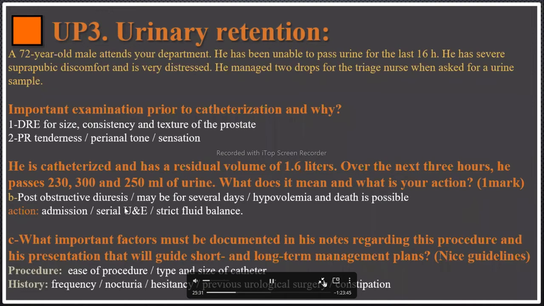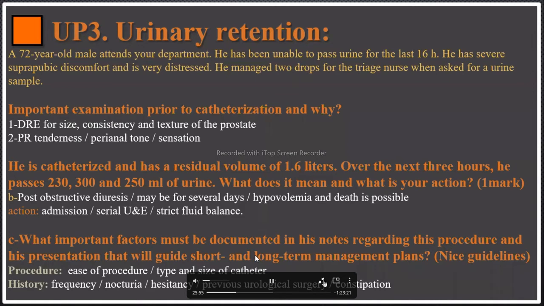After catheterization, they can ask you about documentation. Documentation here will be procedure and history. What important factors must be documented in his notes regarding this procedure and his presentation that will guide short and long-term management? What does it mean short? What does it mean long?